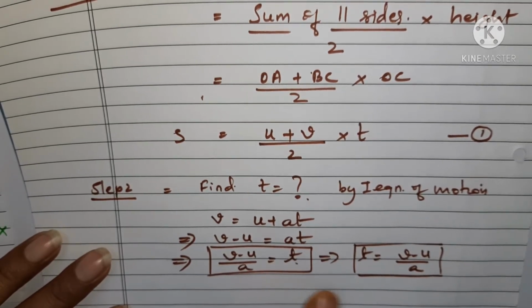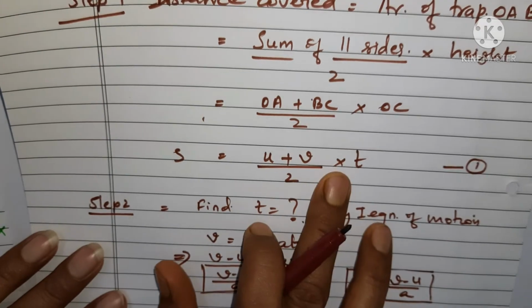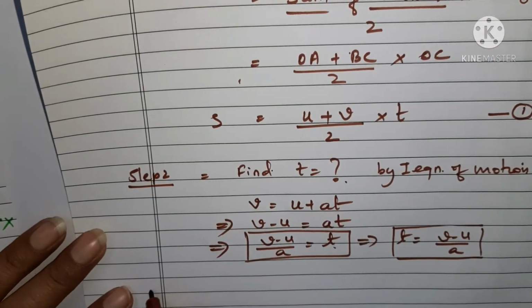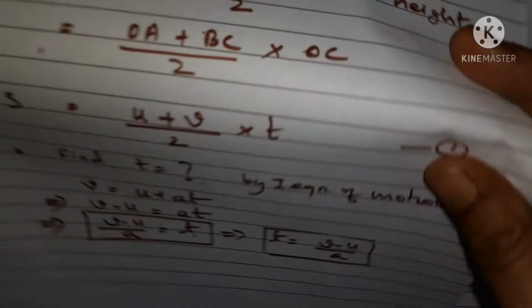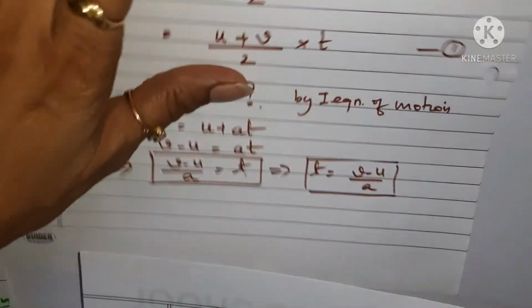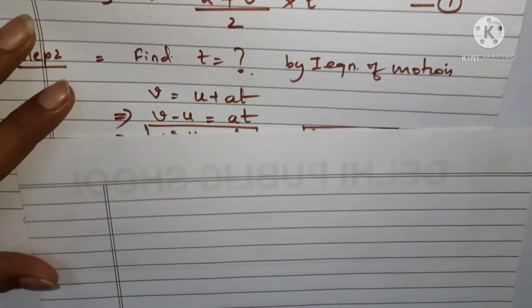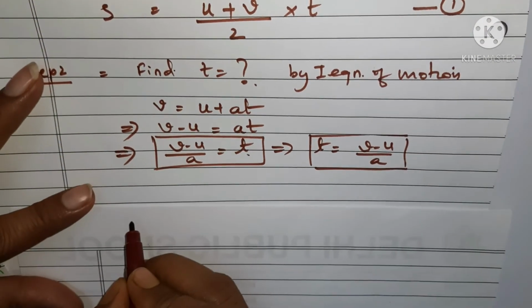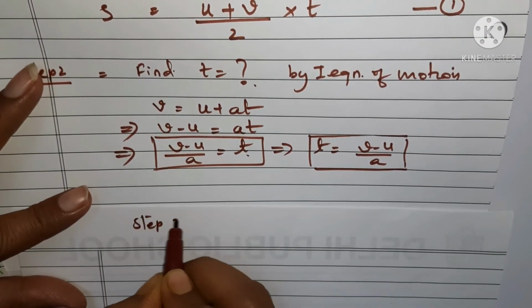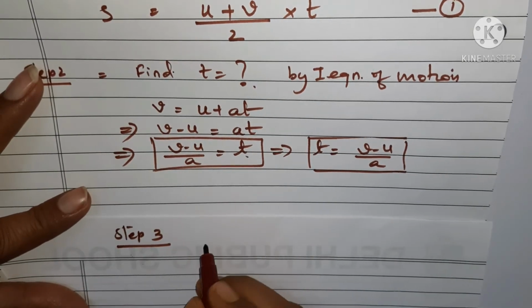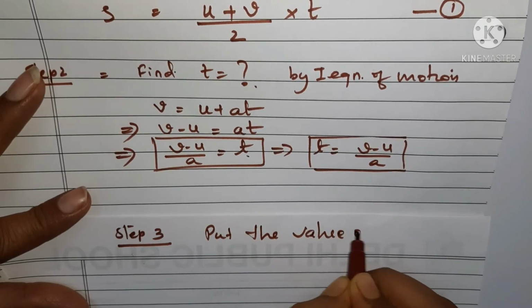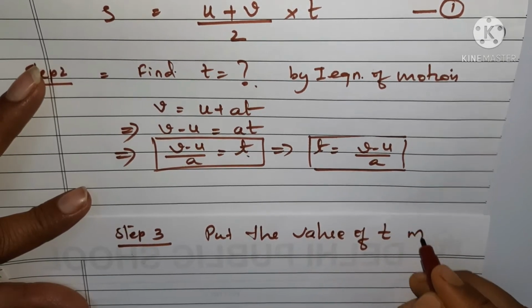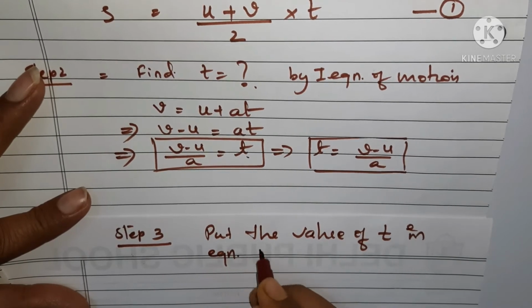So just put the value of T in equation 1. So what will be step 3? Step 3: put the value of T in equation 1.